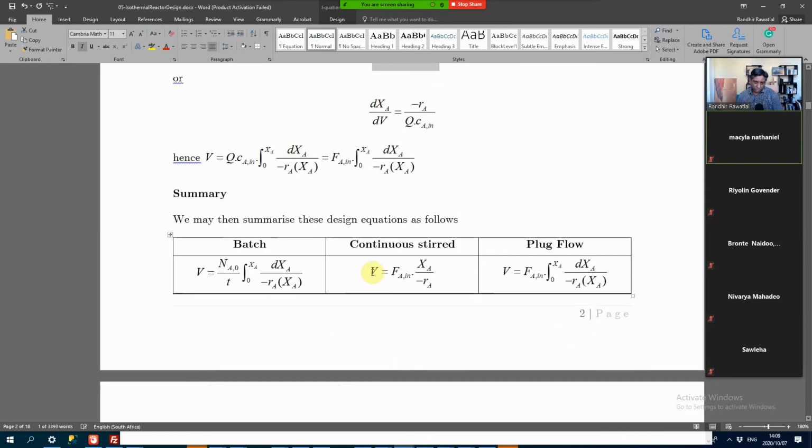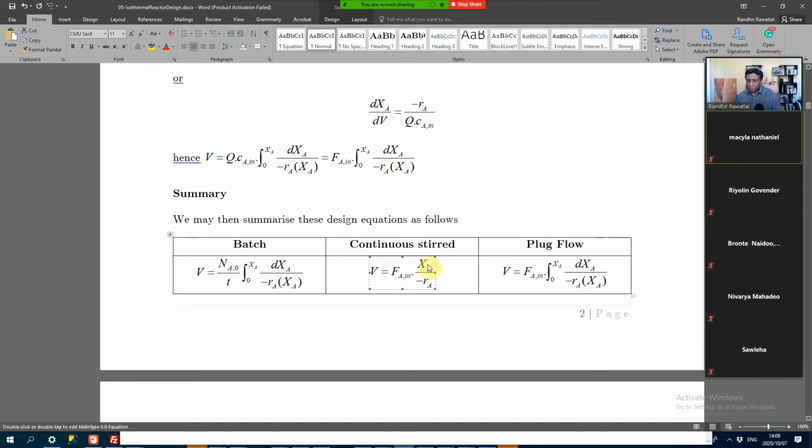And then if we summarize all these, right, for the batch case, we had this one. For the plug flow, we had this form. And you can see in both cases, an integral of 1 over RA. And then for the CSTR, that one's a bit different, but still you can see 1 over RA times XA.